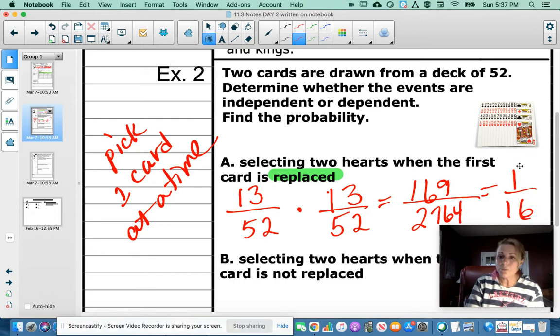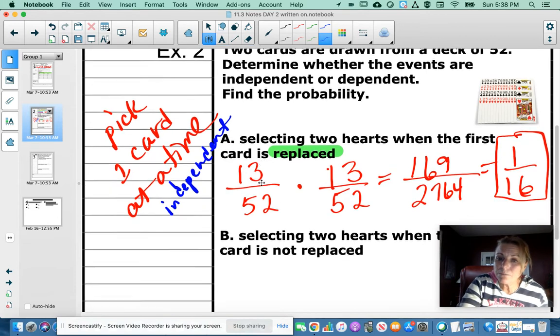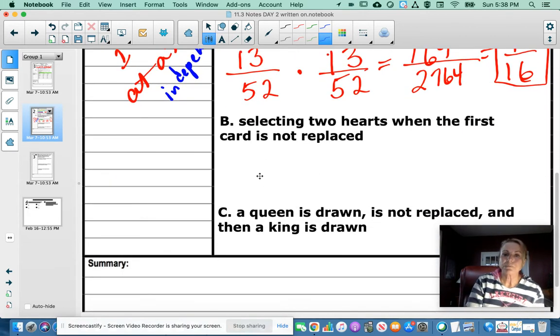That reduces to a probability of 1 over 16. This is an independent event because it's replaced. The second probability does not depend on the first probability because I put the card back before I did another pick.